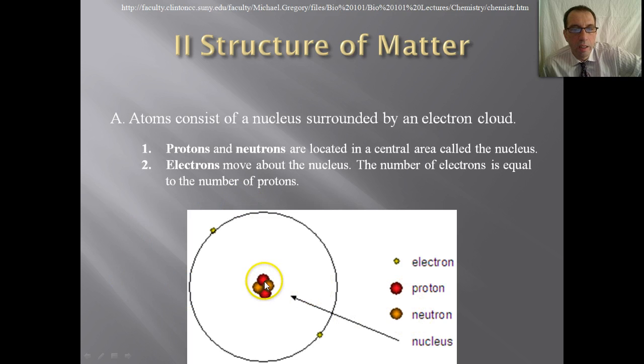It has at least a proton, and it might have a proton plus some neutrons, and the relationship between those we'll talk about at another time. The number of electrons is always equal to the number of protons, at least in the elemental form of a substance. And if you take away one of the electrons, or if you add an electron, you get something that's called an ion, which is very important. Salt, for example, that we eat all the time is made up of sodium ions and chloride ions bonded together.